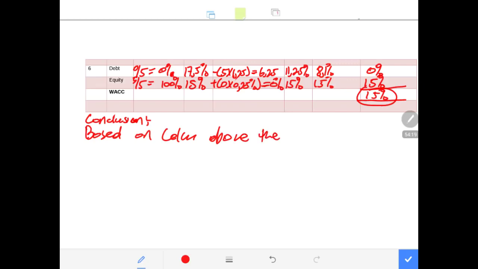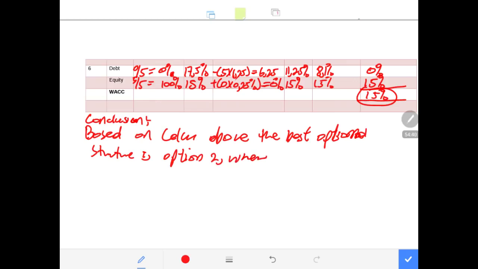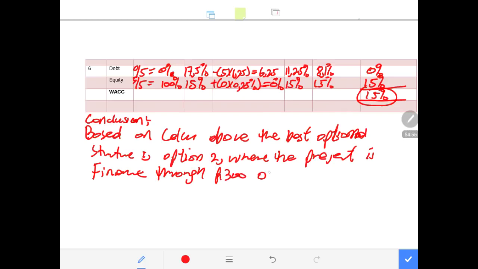The best optimal structure is option 2, where the project is financed through 300,000 rands.